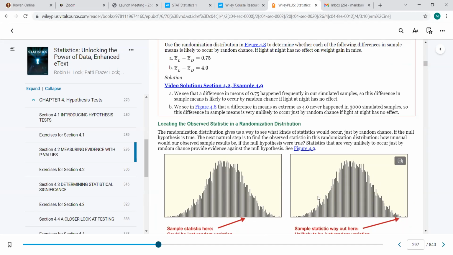Now, which of these two samples provides more evidence that the mice in the light group gain more body mass than the mice in the dark group? Is it the difference of 0.75 or the difference of 4?